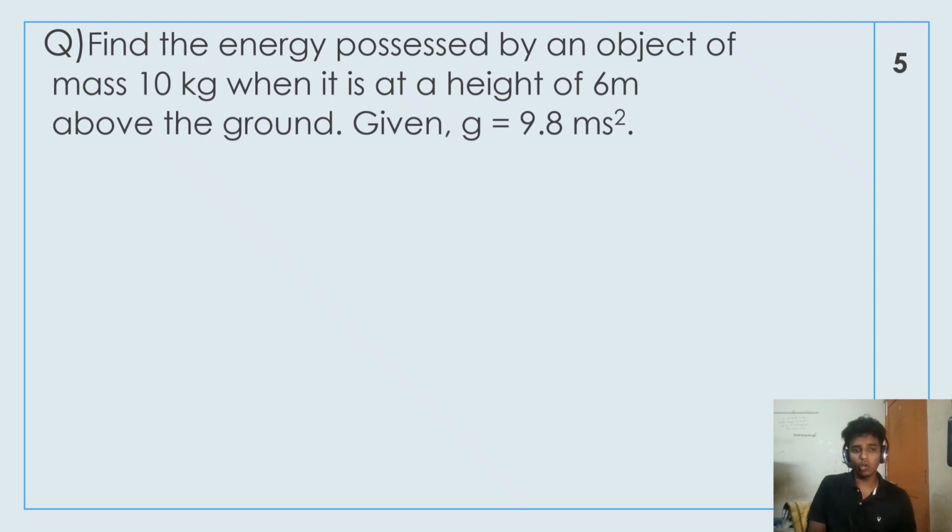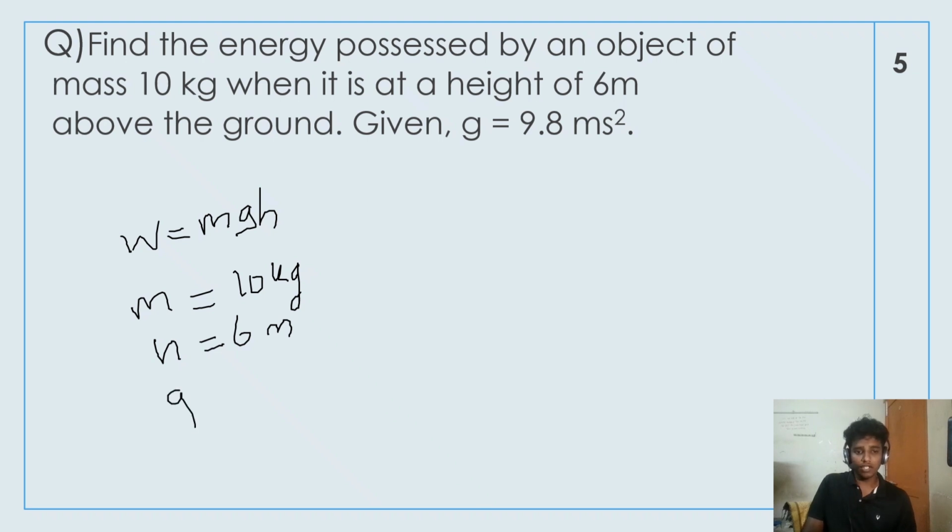So W is equal to mgh, and m is equal to 10 kilogram, height h is equal to 6 meters, and g is given as 9.8 meters per second square.